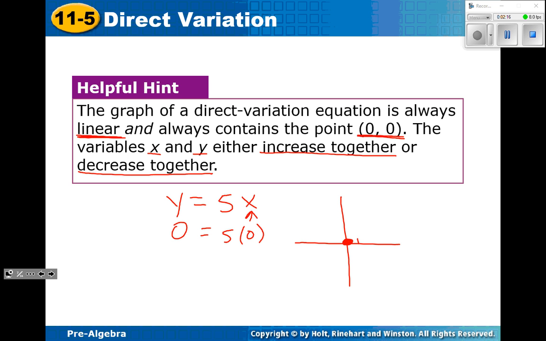Let's say you work 1 hour, you make $5. You work 2 hours, you make $10. It makes a straight line when you graph it, and it contains the point (0, 0). That's all it is. So the more hours you babysit, the more money you make.